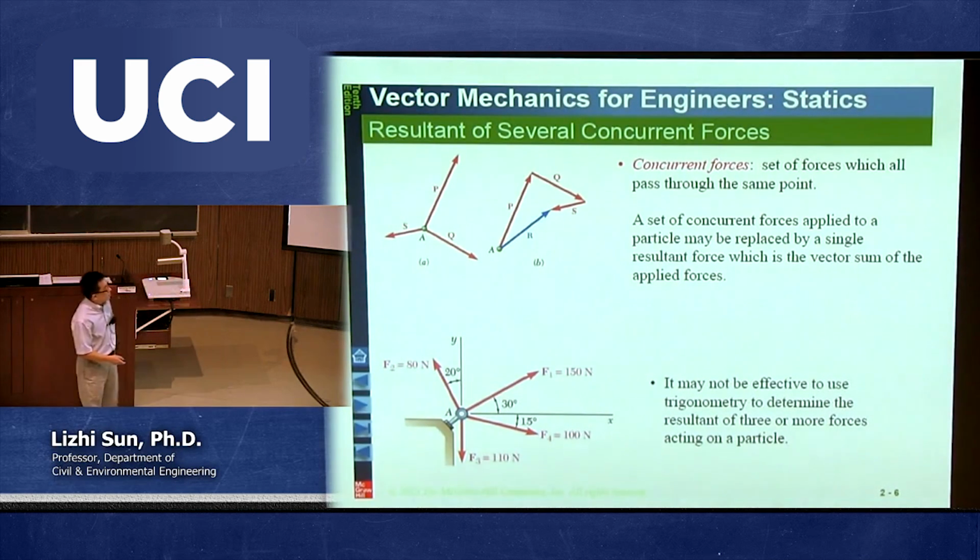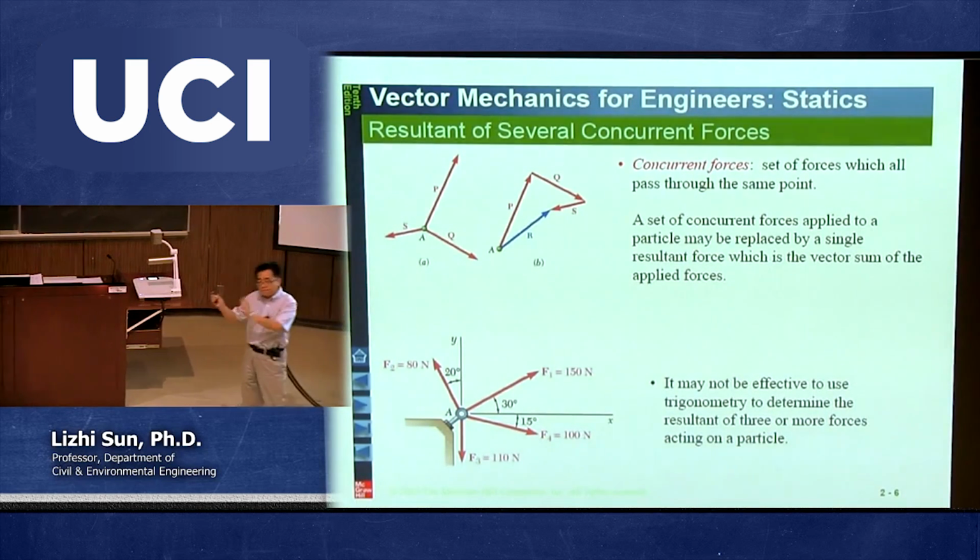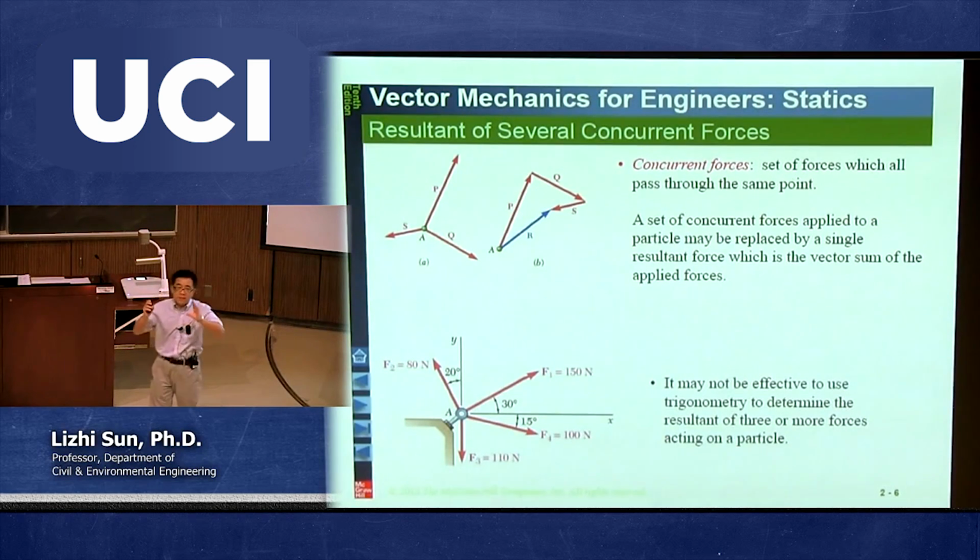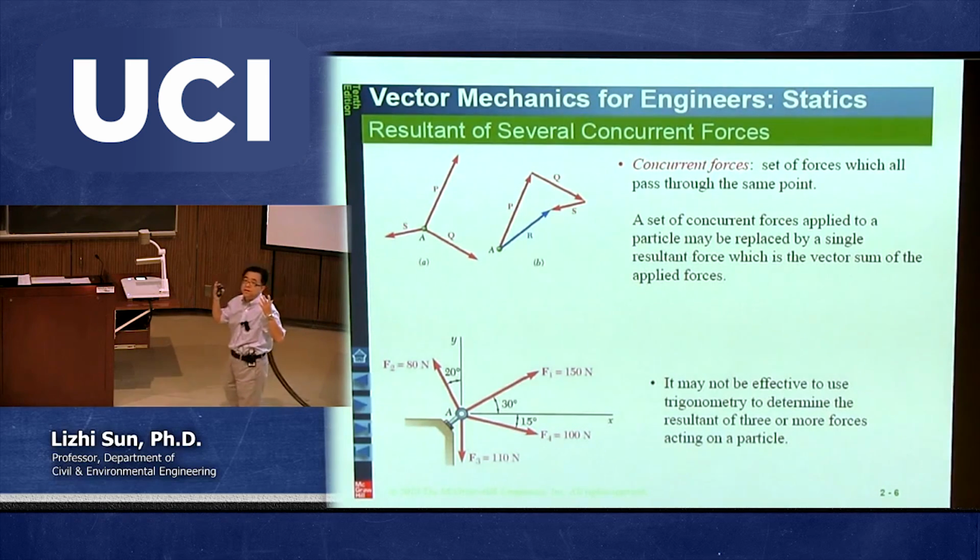And then the second part in this two-dimensional category is to calculate something further if we see all the forces acting on this particle and that point is under equilibrium. If that's the case, then from Newton's first law, the resultant force, the total one, is equal to 0.